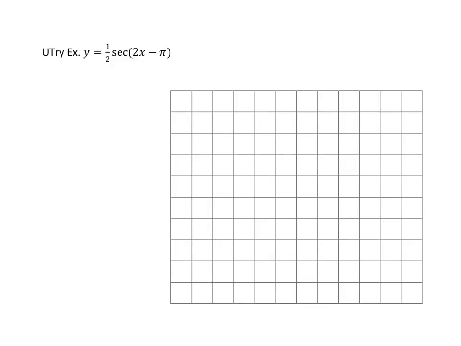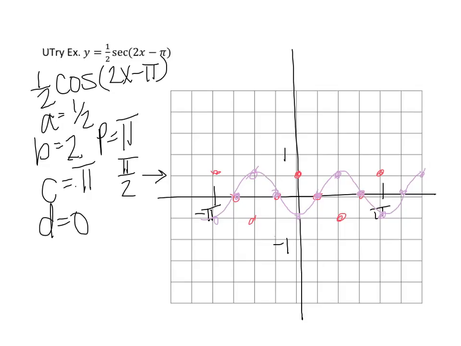Okay, this one you're graphing a secant, so you're going to start by graphing a cosine. Get it started, come back, see if you got it right. Okay, here is the cosine graph I've put on here. Now let's draw in our asymptotes.